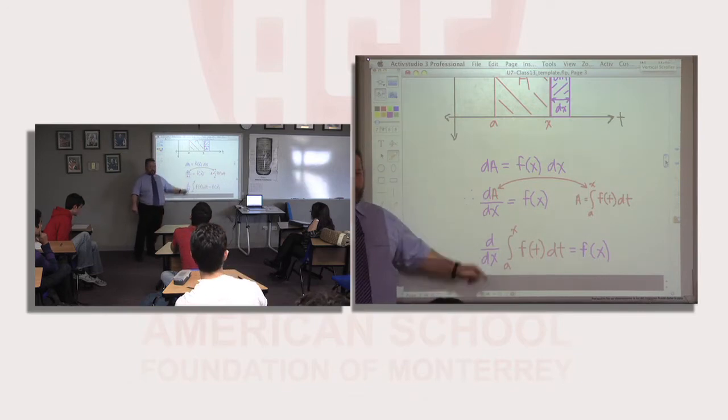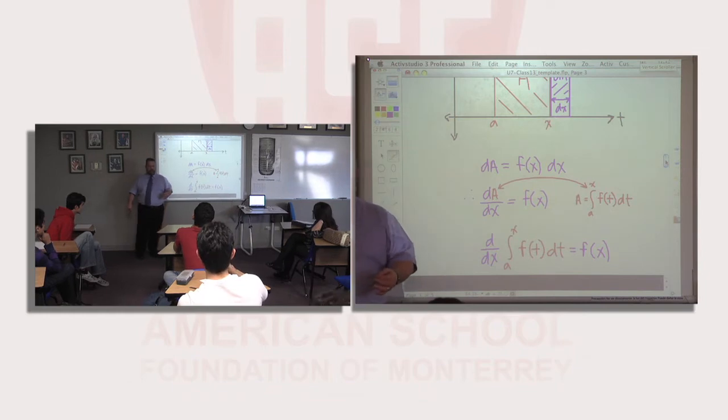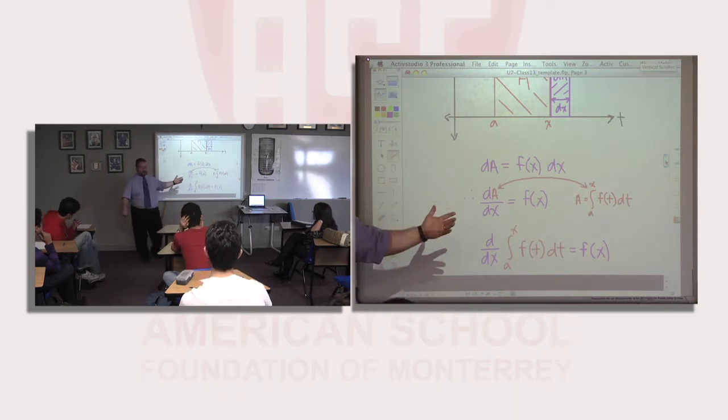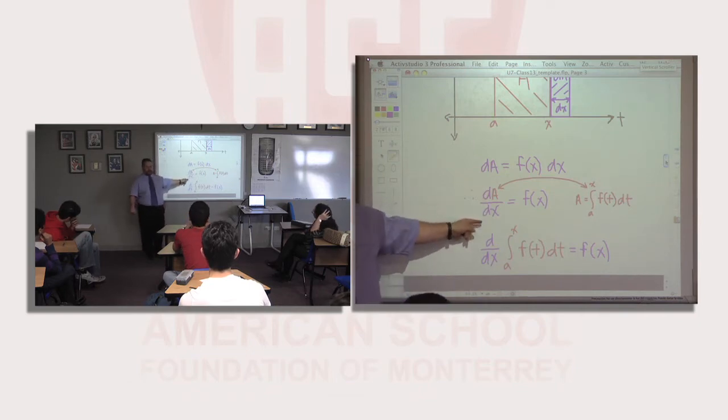What does dA/dx represent? The derivative of A. And the derivative of A tells me the rate at which, and A represents area. So this is the rate at which the area is changing, right?